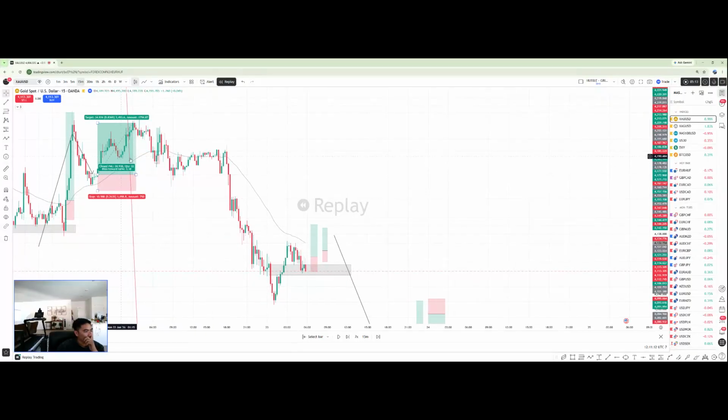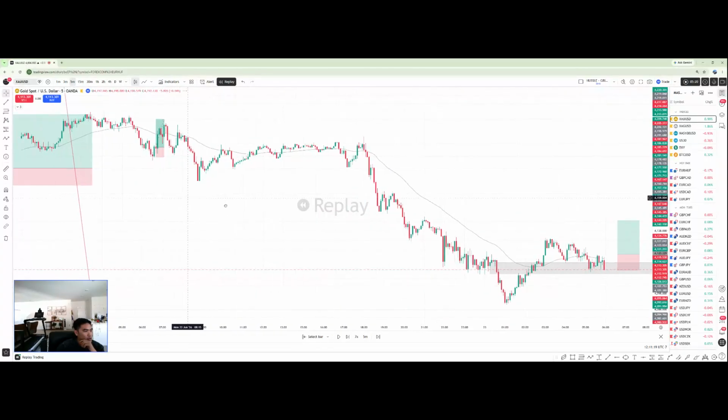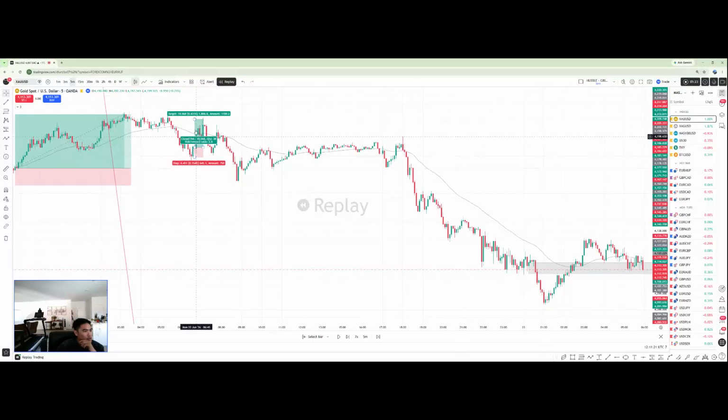Saw this bullish engulfing too, at the New York Open. At the New York Open, we follow the price action. Price came back. Put my TP around this right here, 6.8.